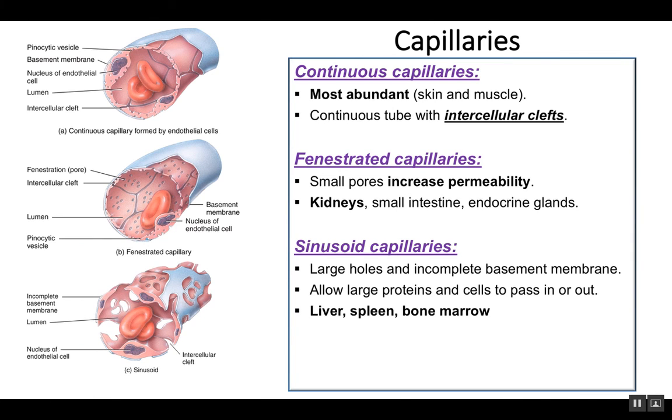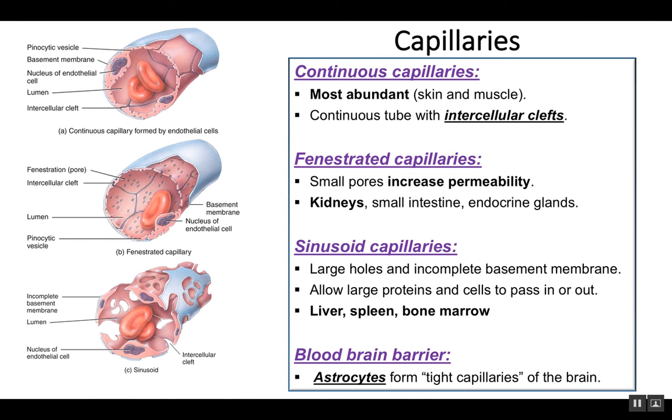If you've got to make new red blood cells, and the new red blood cells are made in the bone marrow, they have to get into circulation. So how did this red blood cell get in that capillary? It had to have gone through one of these sinusoids, these larger holes, to get into circulation. So that's why the liver, spleen, and bone marrow have sinusoid capillaries.